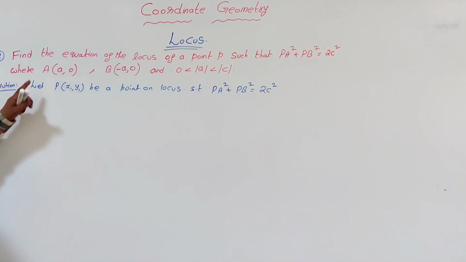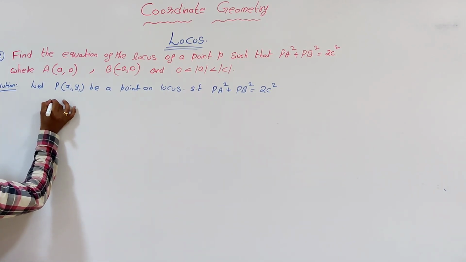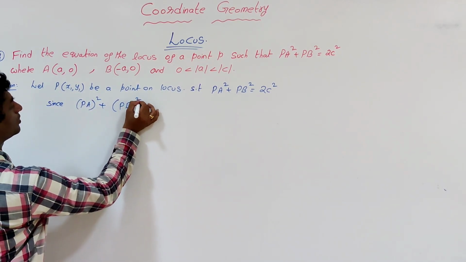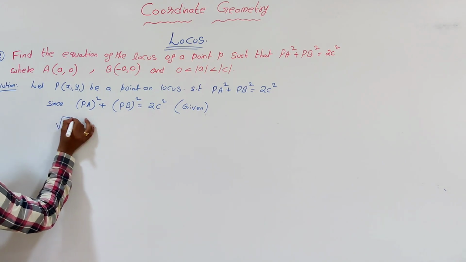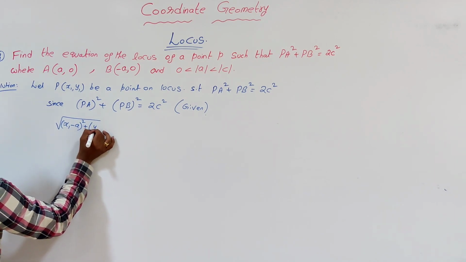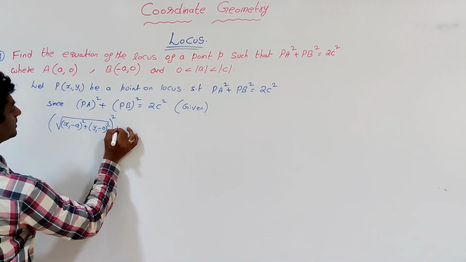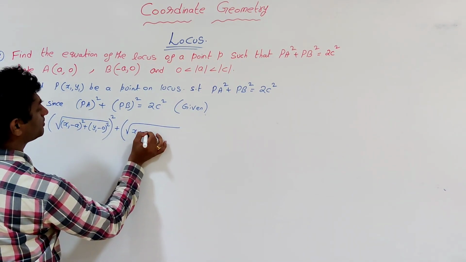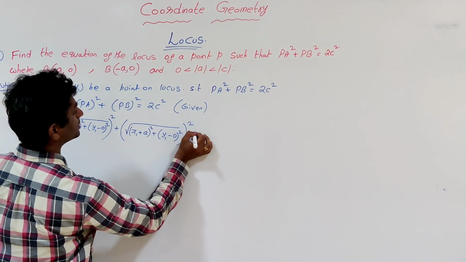The distance from P to A is square root of (x1 - a) whole square plus (y1 - 0) whole square, and PB, the distance from P to B, is square root of (x1 + a) whole square plus (y1 - 0) whole square, so that PA square plus PB square is equal to 2c square, which is the given condition.